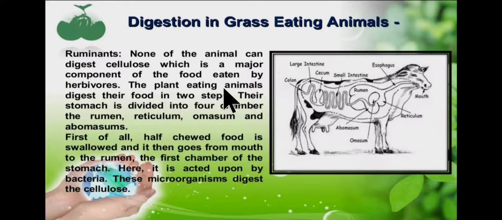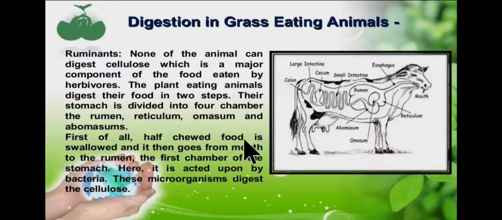The plant-eating animals digest their food in two steps. Their stomach is divided into 4 chambers, that is rumen, reticulum, omasum and abomasum.